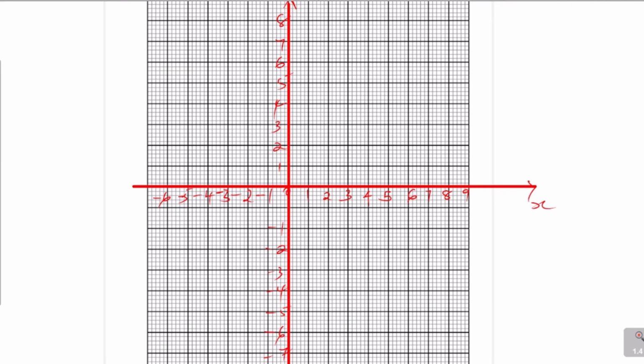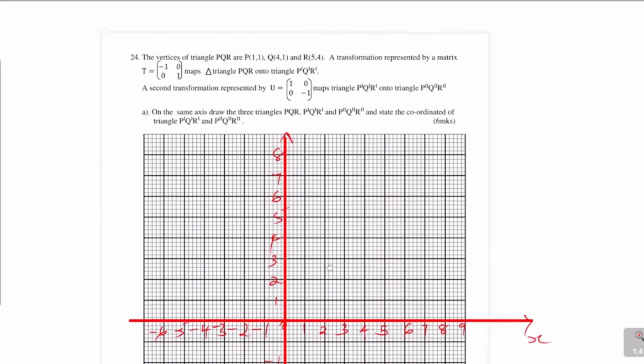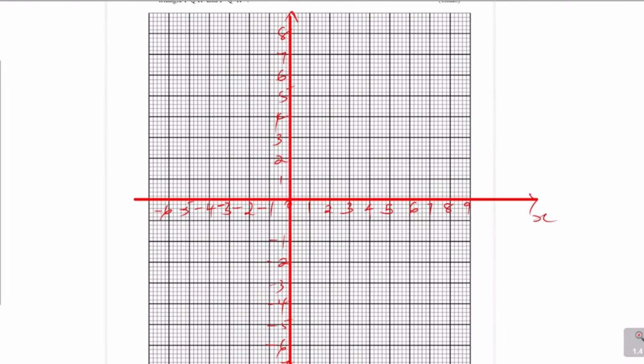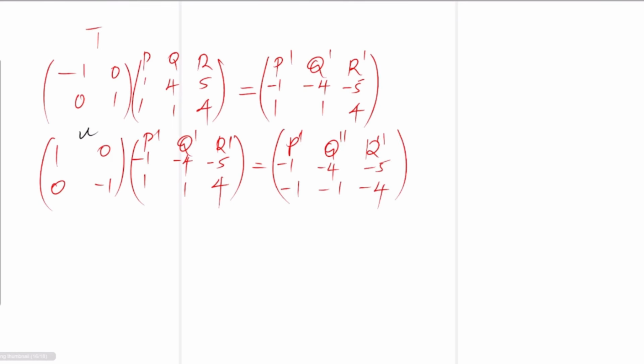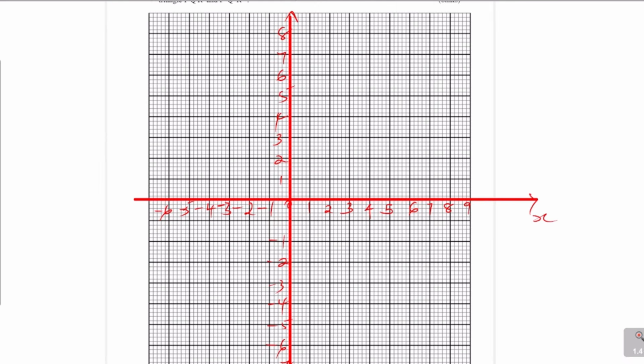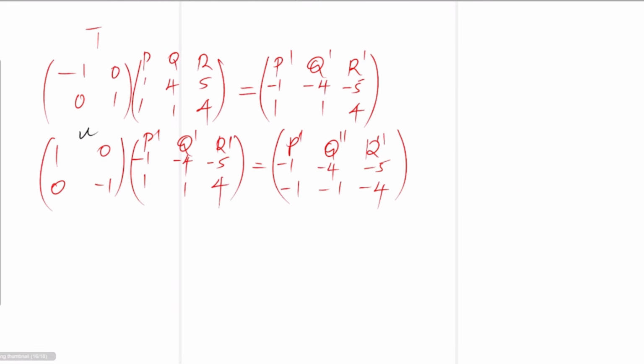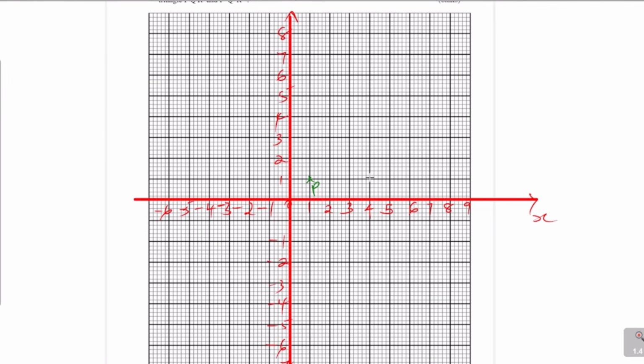So we start with the image. Although we have everything here on the other side. So PQR, P is 1, 1. That is P. Then Q is 4, 1.